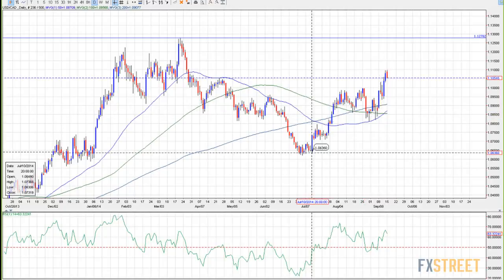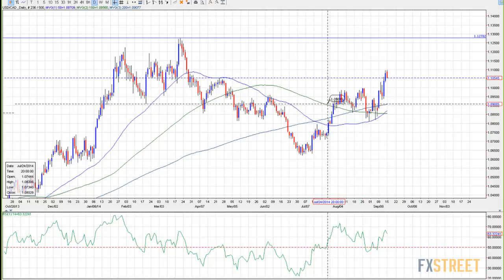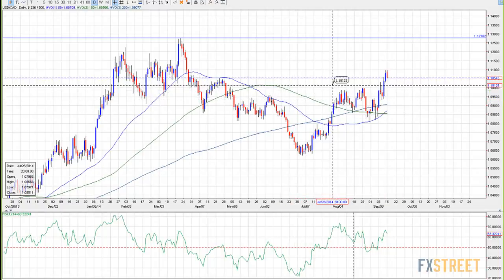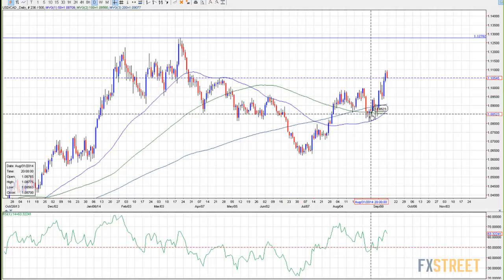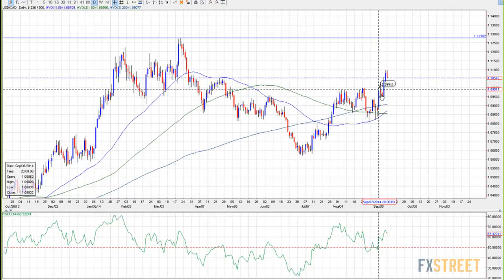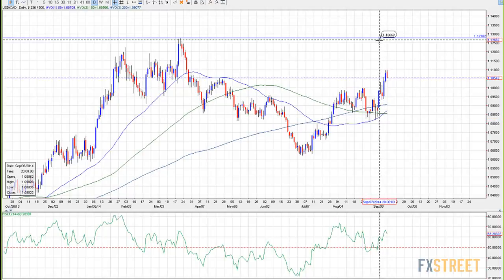It broke above the 200, 150 day moving average, and then held above these moving averages. So that's a bullish slingshot signal, and that's why I am looking for this pair towards 1.1278.